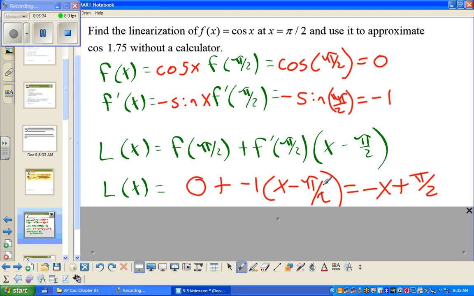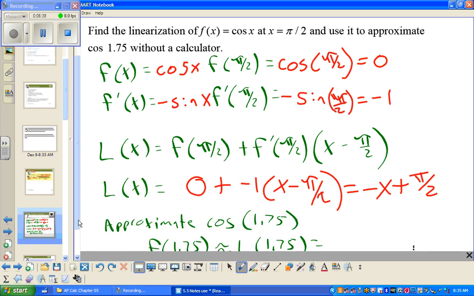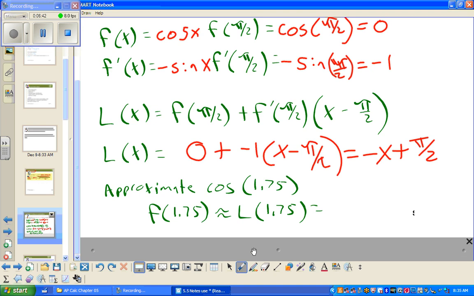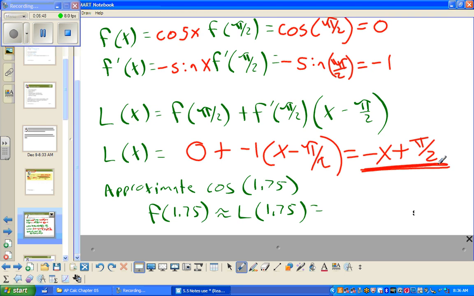So now if we want to approximate the cosine of 1.75, we are going to use the linearization to approximate that. So what I'm going to do is plug in 1.75 into the equation of my tangent line. So this approximation is going to be negative 1.75 plus pi over 2.